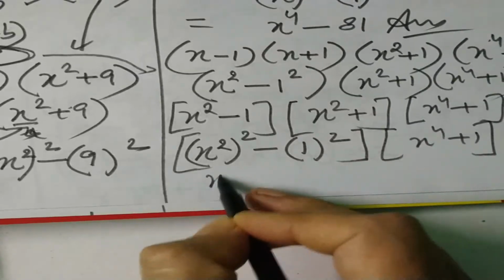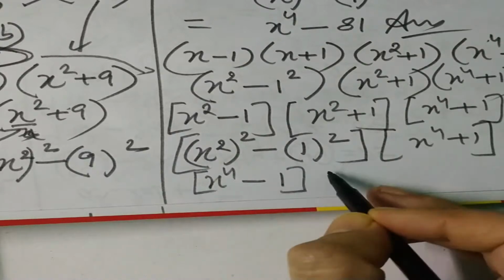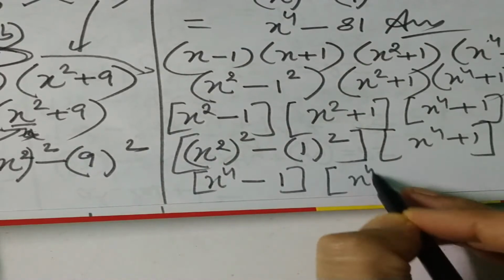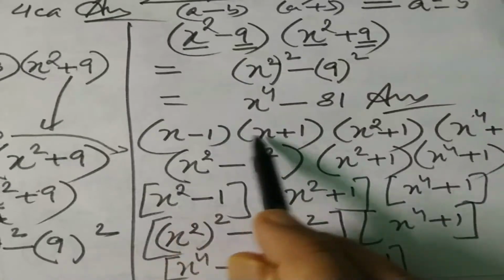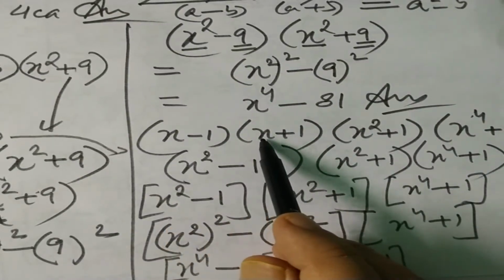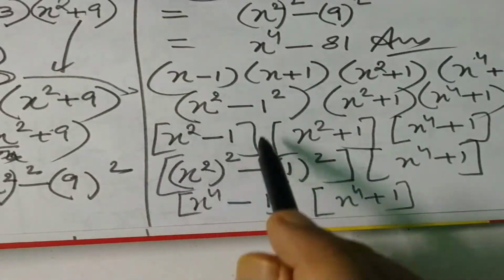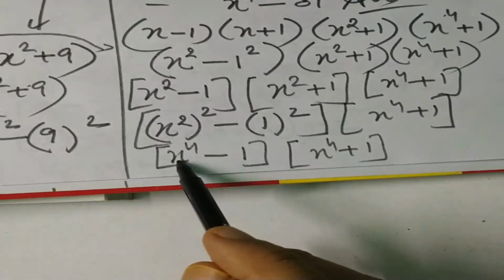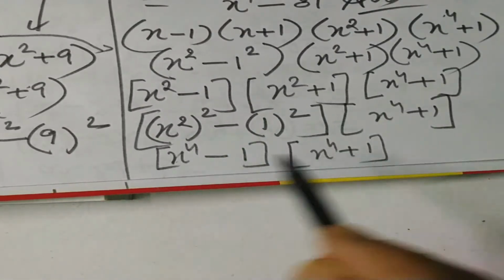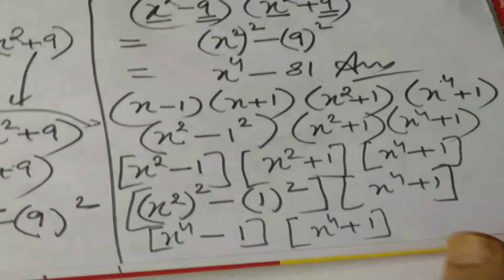So this answer becomes x4 minus 1, and x4 plus 1 is the question given. So I am multiplying two numbers at a time by using a formula, x minus 1, x plus 1. I am getting the first number. Then I will multiply this with the second number and I will get this. These two are left. They will again be multiplied by using the same formula.